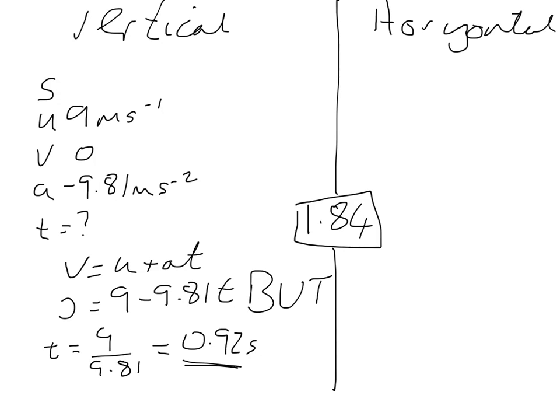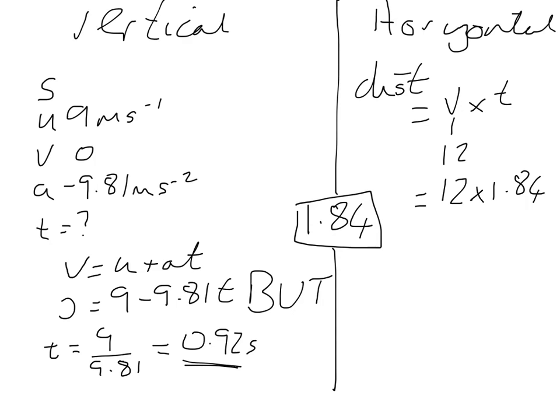So we can tell that the distance covered is going to be equal to the speed, velocity, times the time that it's in the air. So our horizontal velocity is 12, so we can substitute that in, and it's 12 times 1.84, which gives us a value of 22.1 meters.